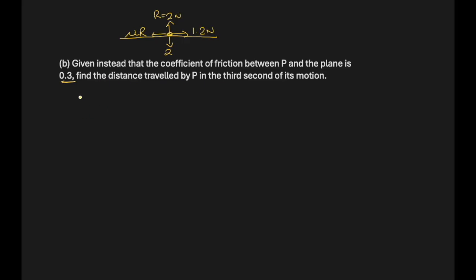For that we need acceleration, so we'll again use MA equal to applied force minus resistive force. Mass is 0.2 kg, acceleration we have to find out. Applied force is 1.2, and resistive force will be this time 0.3 times R, which is 2 newtons.